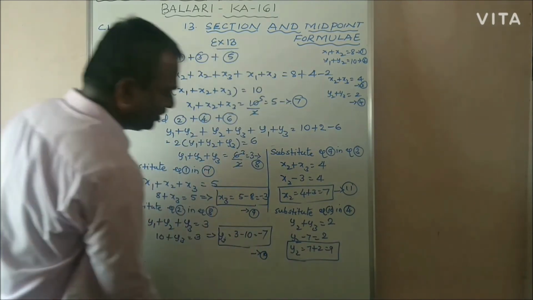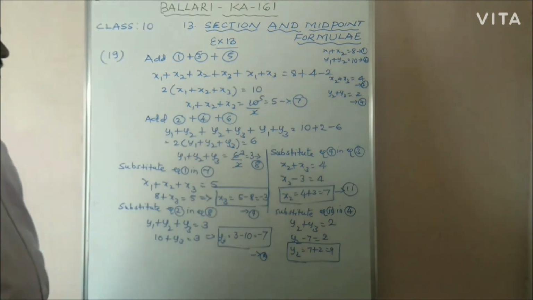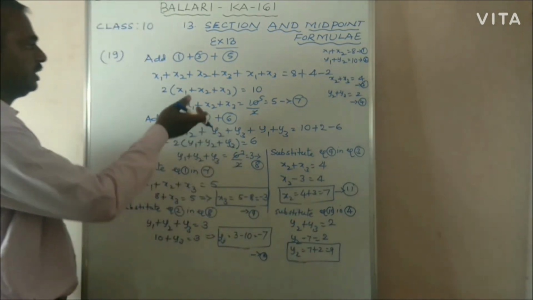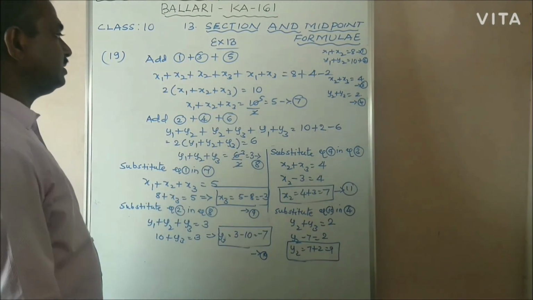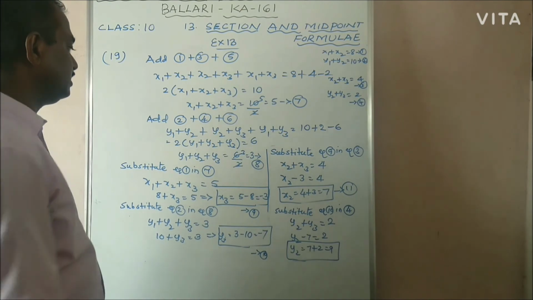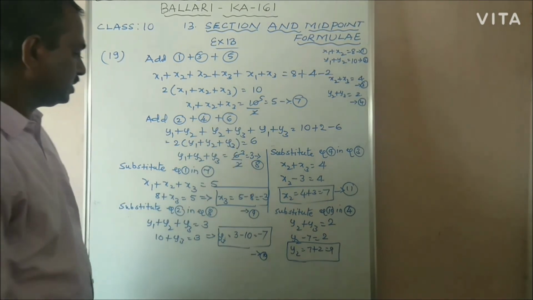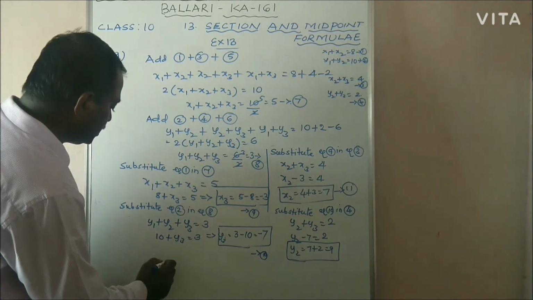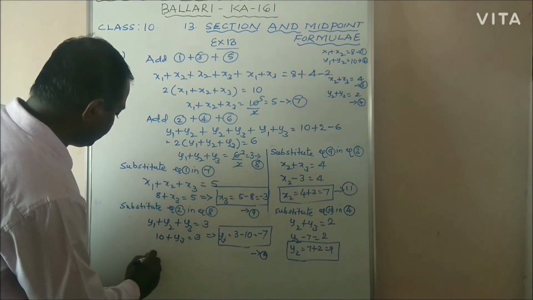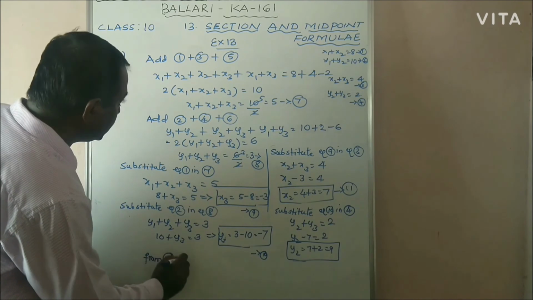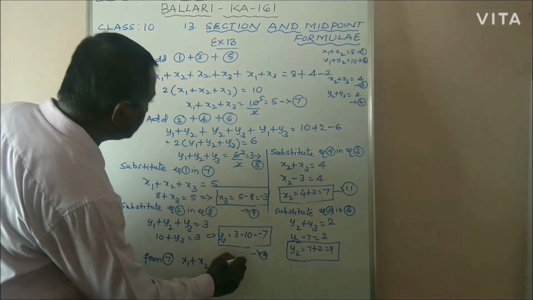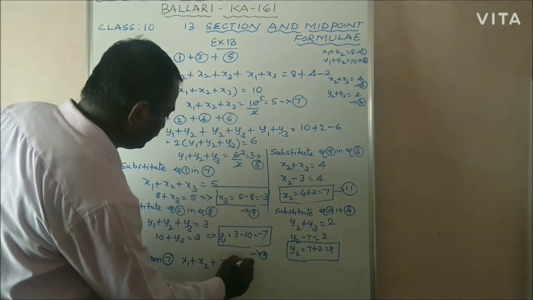So, a lengthy problem, okay? We got x3, y3, x2, y2. That we can substitute in the 7th equation and in the 8th equation. We know the values. So from 7, x1 plus x2 plus x3 is equal to 5.